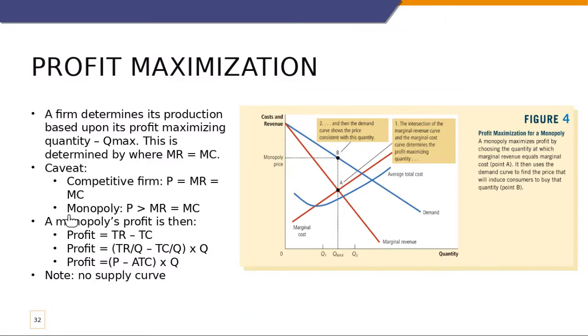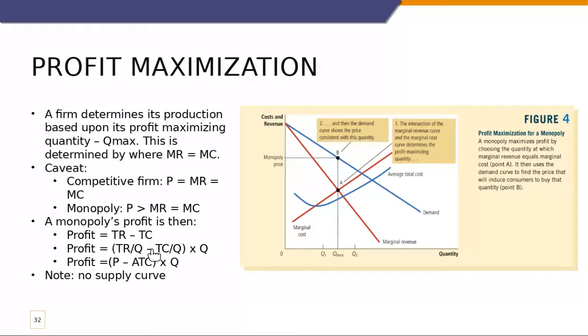The caveat here, though, is that for a competitive firm, remember, we said that price equaled marginal revenue equaled marginal cost, and that's because the firm had no pricing power. However, for the monopolist, price is greater than the marginal revenue and marginal cost because they do have pricing power. So if we wanted to know the monopolist profits, we can write total revenue minus total cost equals profit.